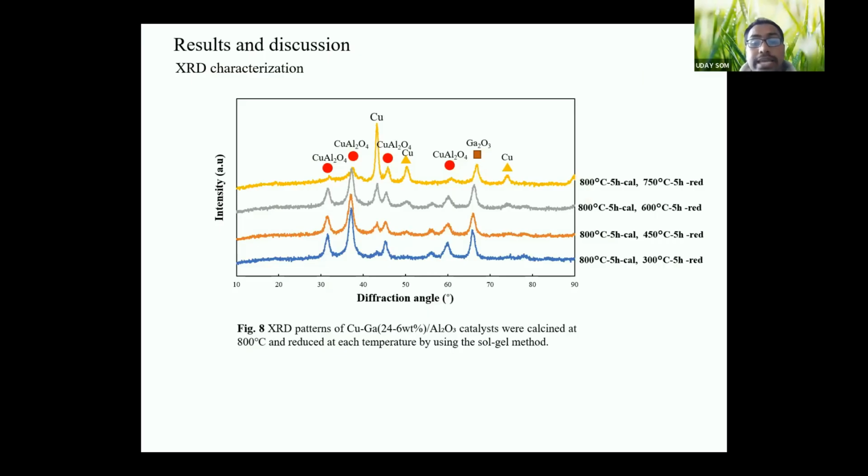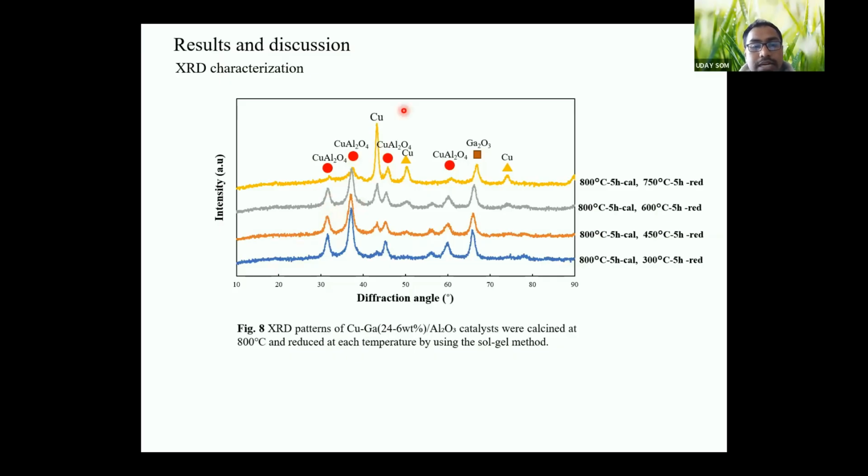In this figure, the XRD characterization at 800 degrees centigrade calcination and different reduction temperatures. If you see the reduction temperature increase from 300 to 750 degrees centigrade, the crystalline peak of the copper aluminum oxide catalyst decreased because the catalytic activity of the copper aluminum oxide surface decreased.